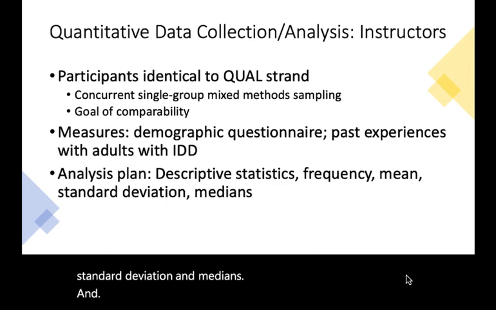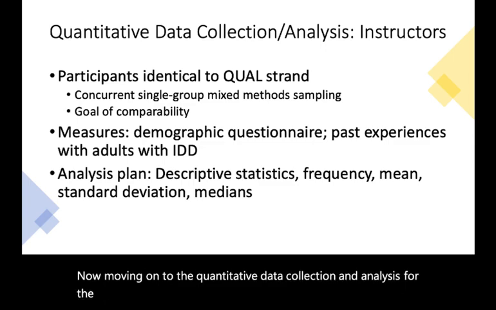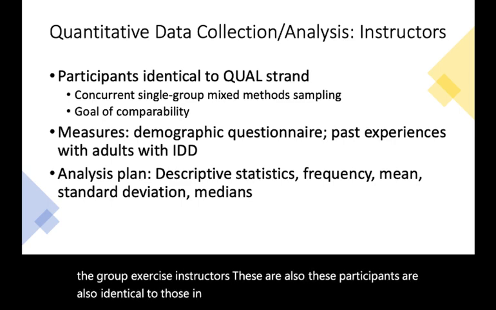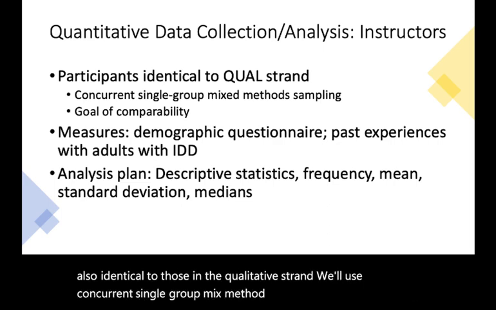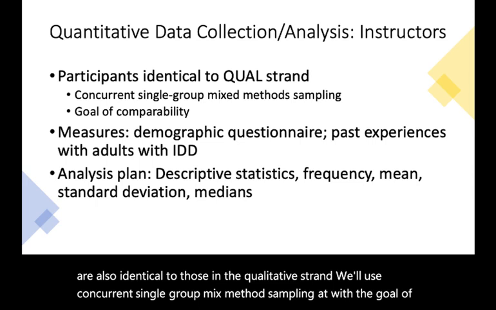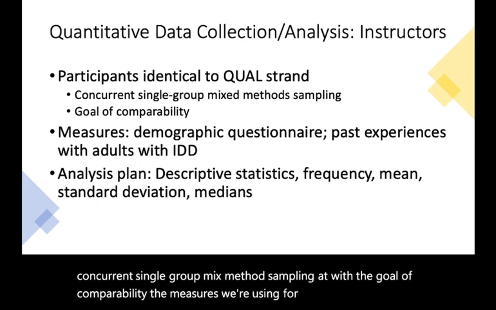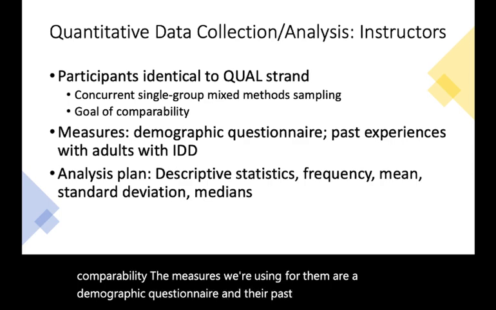Now moving on to the quantitative data collection and analysis for the group exercise instructors. These participants are also identical to those in the qualitative strand. We'll use concurrent single group mixed method sampling with the goal of comparability. The measures we're using for them are a demographic questionnaire and their past experiences with adults with IDD.